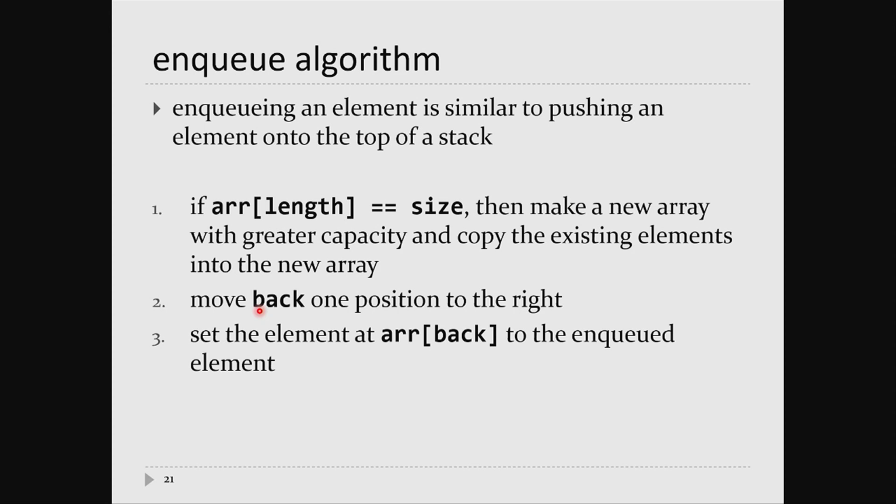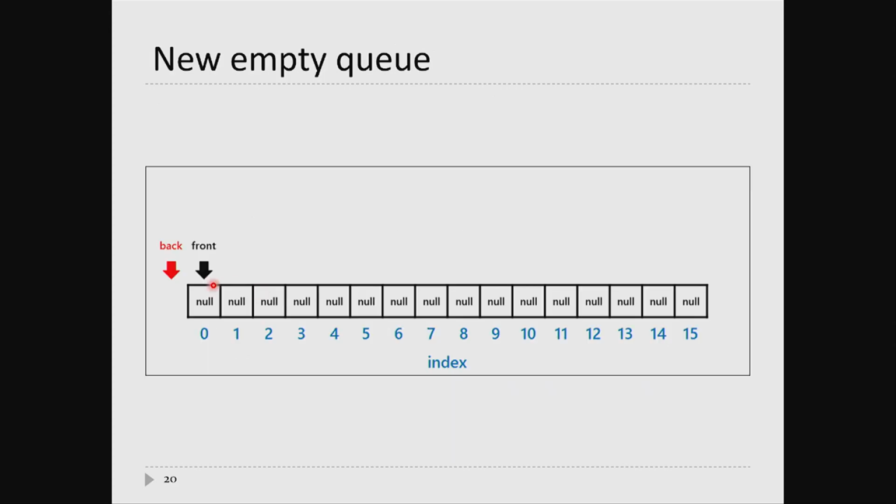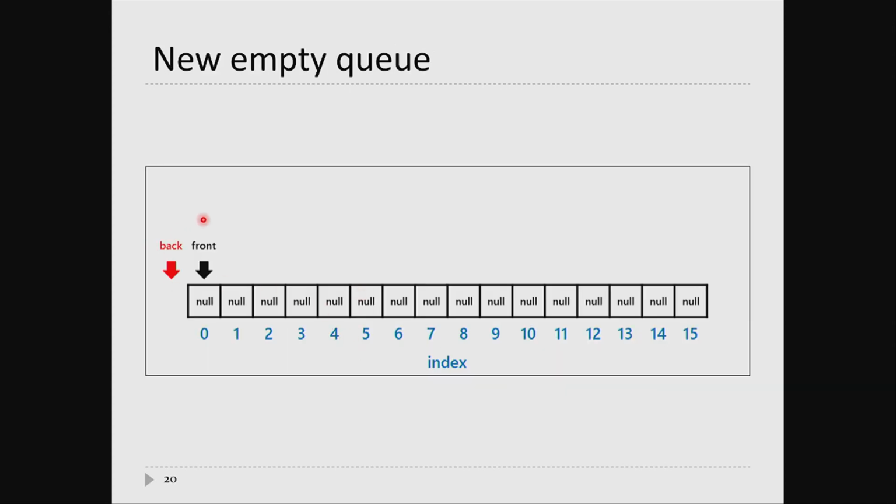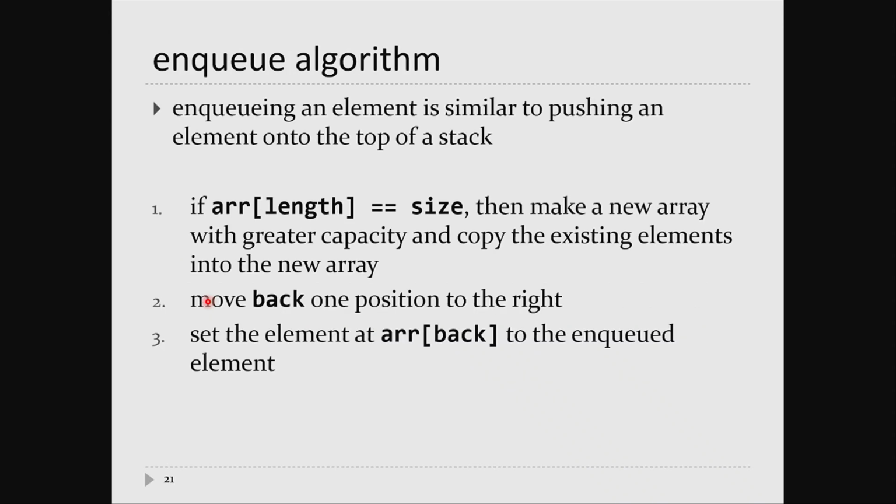Second, we're going to move back 1 position to the right. In an empty queue, I'm just going to take back and move it to 0. Then I'm going to set the element at array back to the enqueued element. So move back to 0, and then set array 0 to whatever the element is. That's always going to be the order of steps that we use for enqueue.